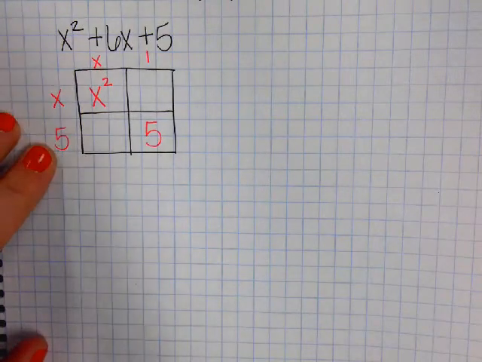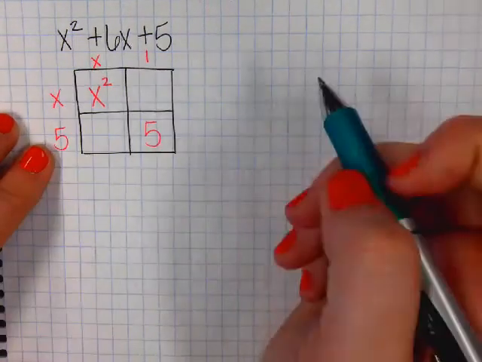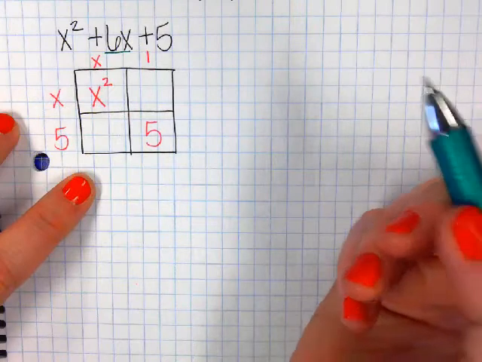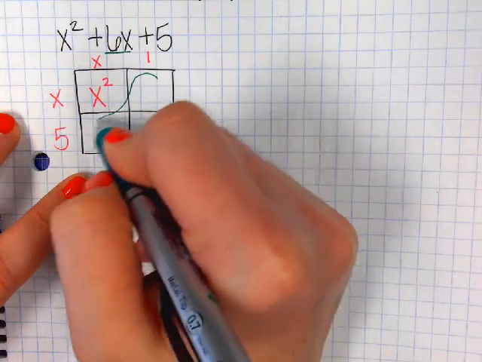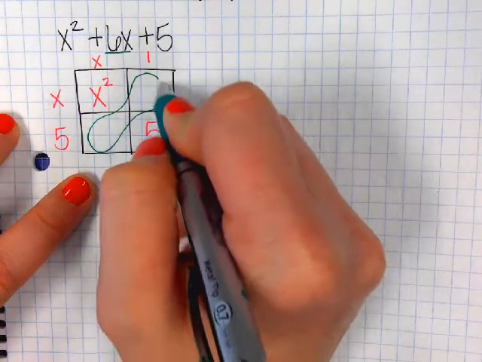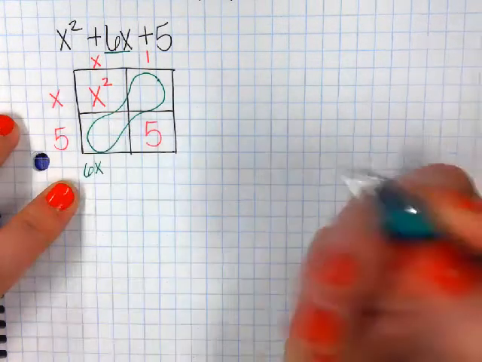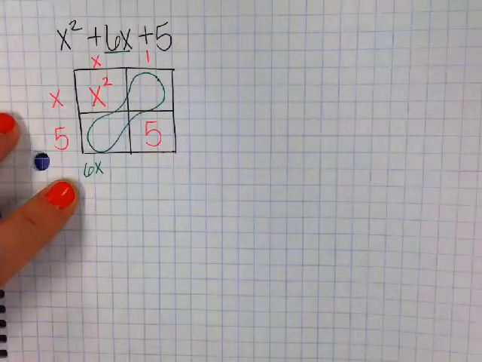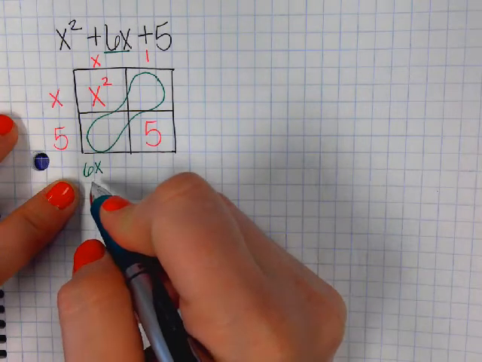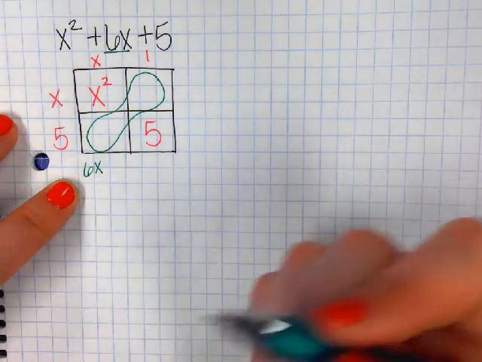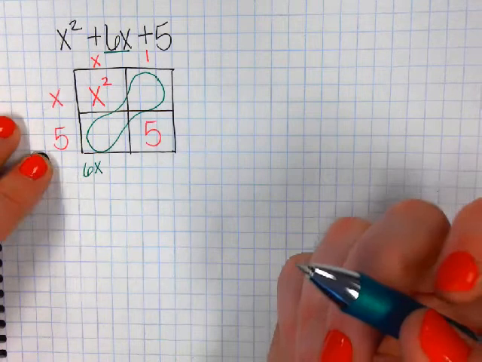Now, do you agree, and this is the hardest part when you do these, trying to decide how that middle term was made. Remember, we did these two middle boxes combined to get a 6x. What things can add to get a 6x? 3 and 3, 2 and 4, 5 and 1.